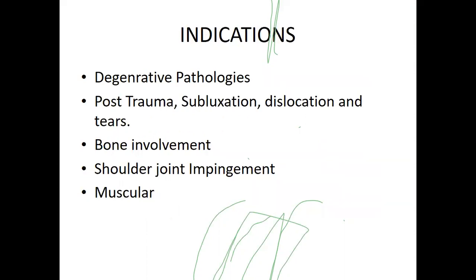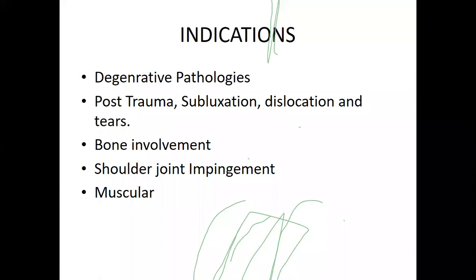Generally, the indications for musculoskeletal ultrasound are categorized into four. We've got degenerative pathologies, which may include arthritis. This may include other pathologies that may affect the soft tissue around the joint, and diseases like synovitis.